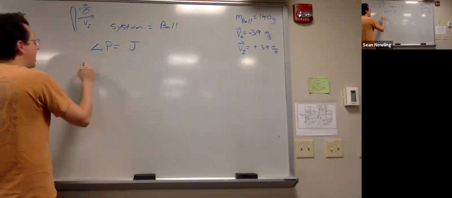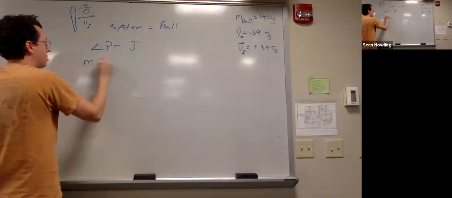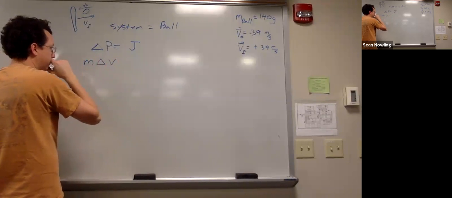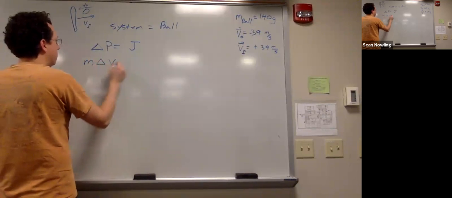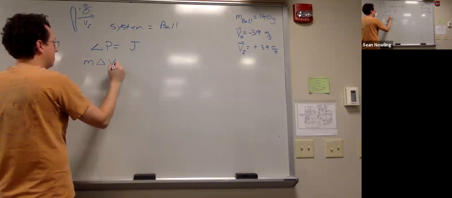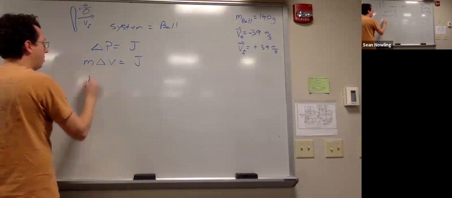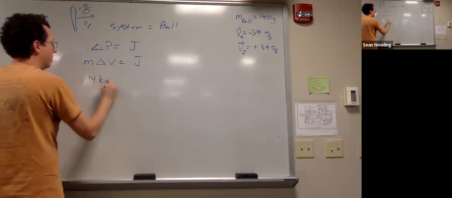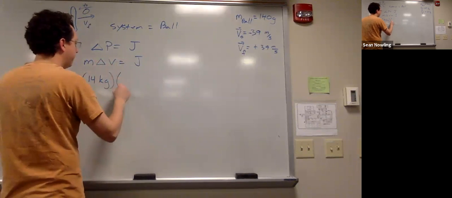So the change in momentum equals the mass times the change in velocity. So that is equal to the impulse. So that's going to be 0.14 kilograms times the change in velocity.